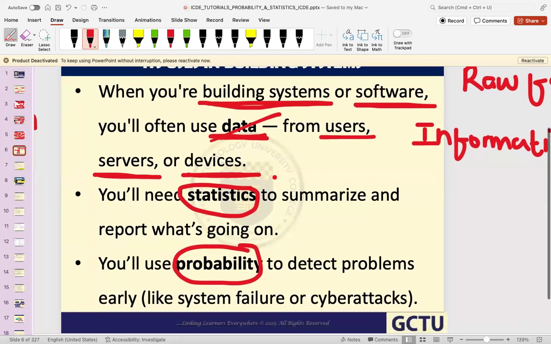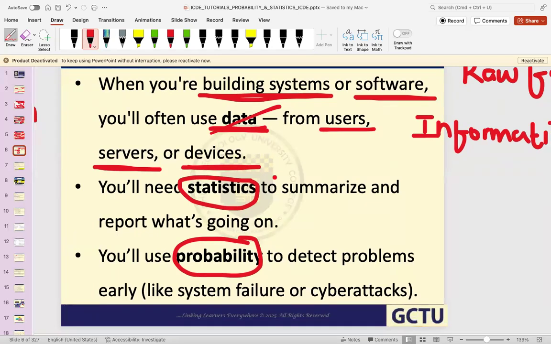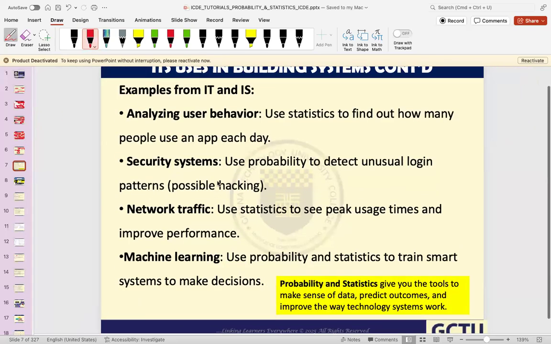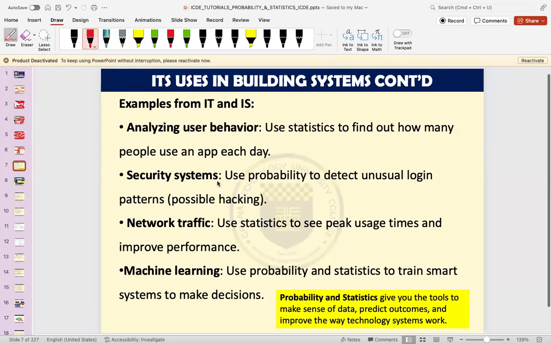Okay. So all systems that are being used, they are being used based on the theories and principles of probability and statistics. And I want us to look at some examples in information technology and information systems.